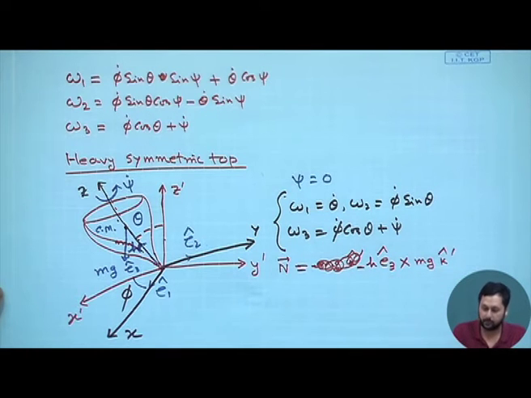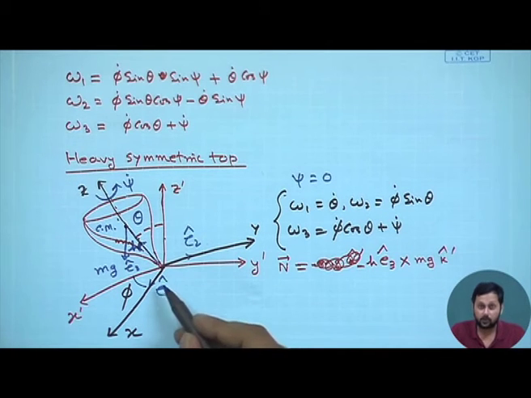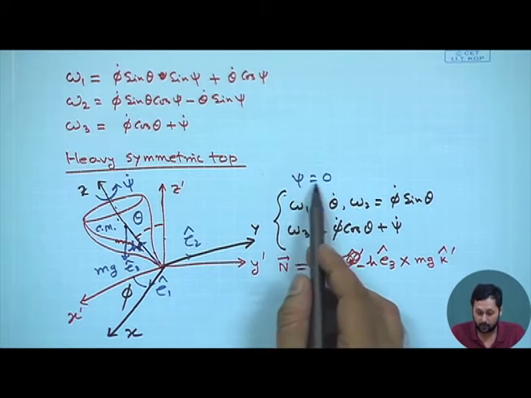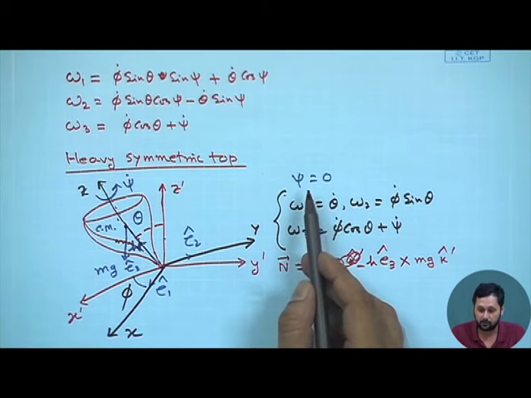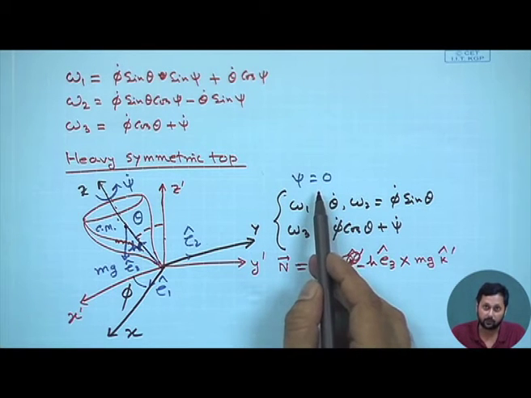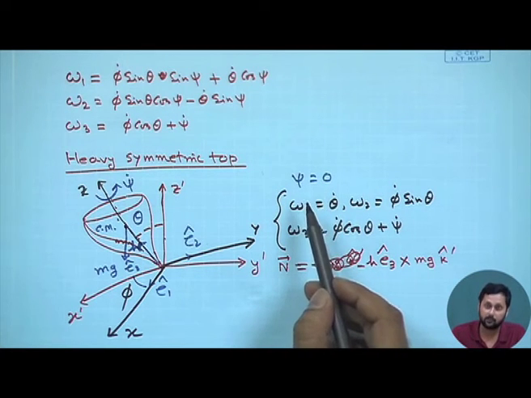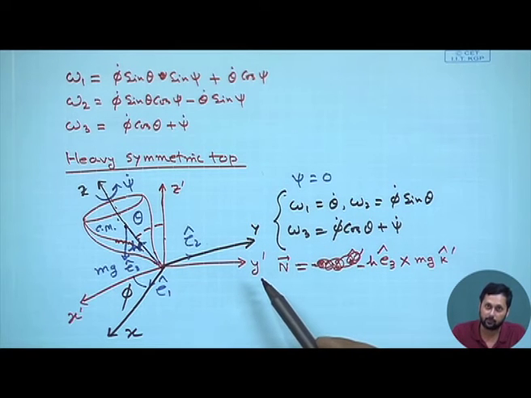So, the minus will come here. Now, as we have not taken the third Euler rotation into account, this has a significance, because it makes the mathematics so simple in this particular formalism.